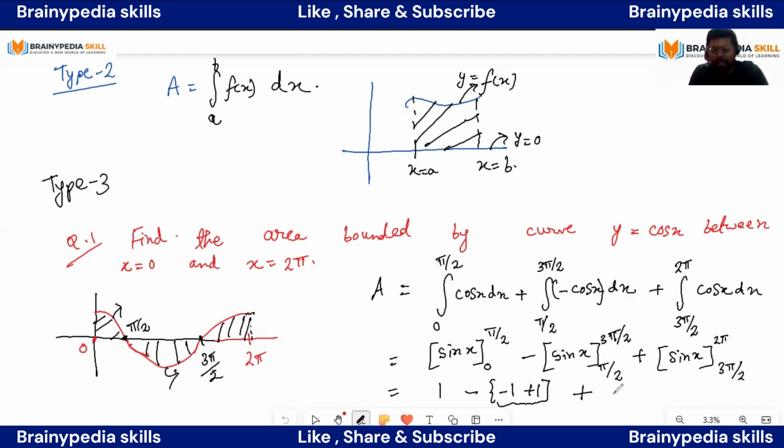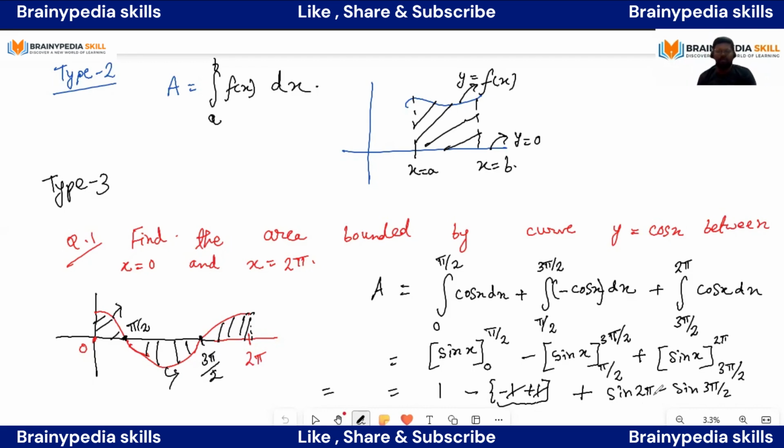Plus sine of 2 pi minus sine of 3 pi by 2. So how much are you getting? Just solve it out and check the values, the area. Sine of 2 pi is nothing but 0, right?